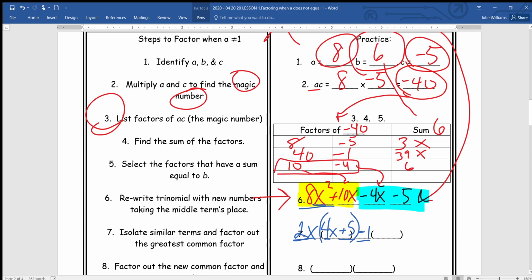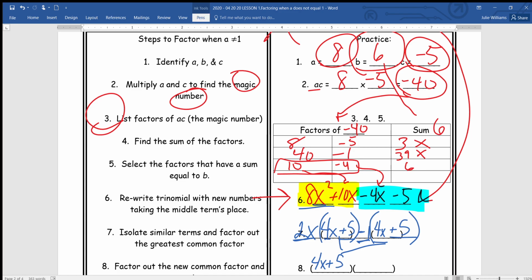Negative 1 times something is negative 4x, so that's 4x. Negative 1 times something is negative 5, and that's plus 5. I chose to factor out a negative 1 so that these two quantities within the parentheses are the same, 4x plus 5 and 4x plus 5. So that is one of my factors.